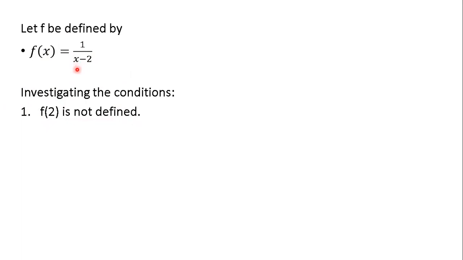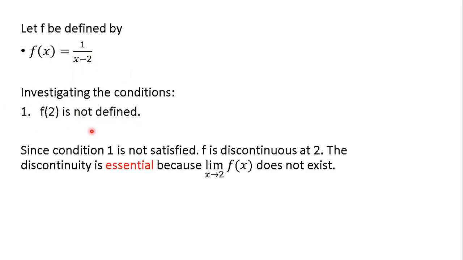Therefore, f of 2 is not defined. Since condition 1 is not satisfied, f is discontinuous at 2. The discontinuity is essential because the limit of f of x as x approaches 2 does not exist.